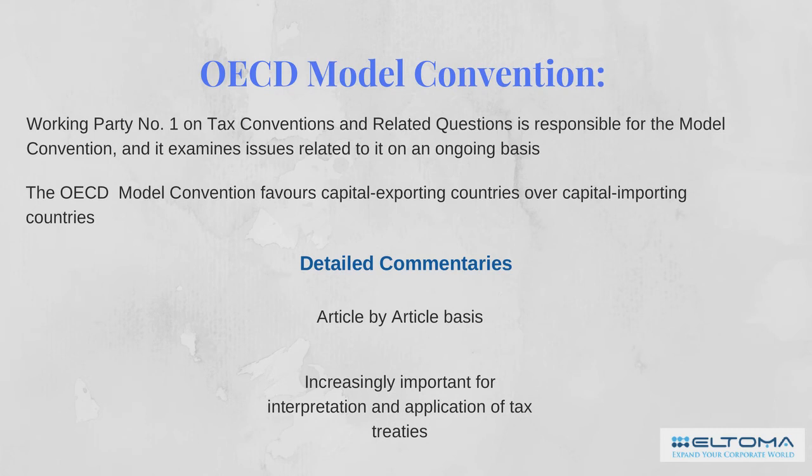In this case, the residence country taxes the income, which is exempted from tax in the source country. However, the OECD Model Convention may not be appropriate for treaties entered into by net capital importing countries. As a result, developing countries have devised their own tax treaty model under the auspices of the United Nations.